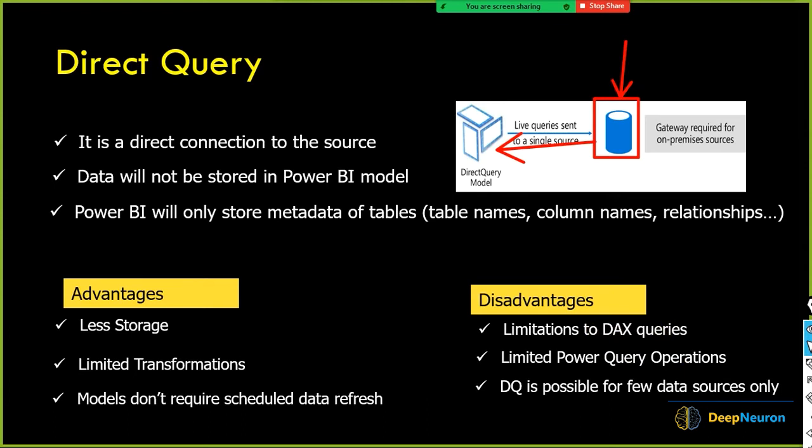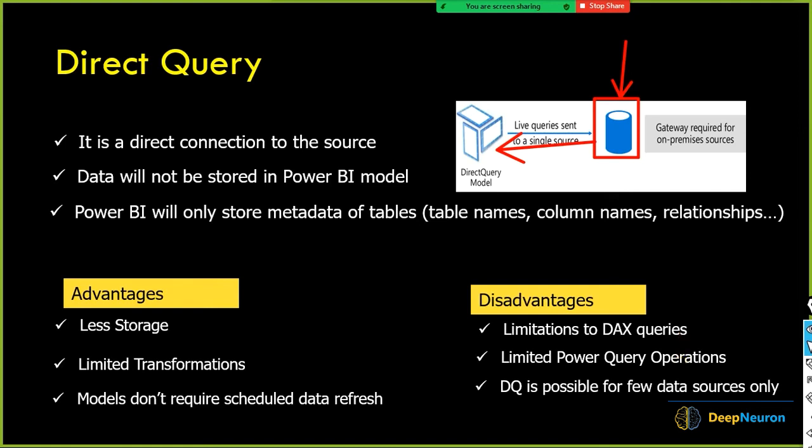In the different visuals, we use measures or calculated columns. For measures we use DAX queries, okay? And Power Query operations, as I showed you in yesterday's session. What did we do in Power Query? I told you Power Query is similar to your kitchen, right?